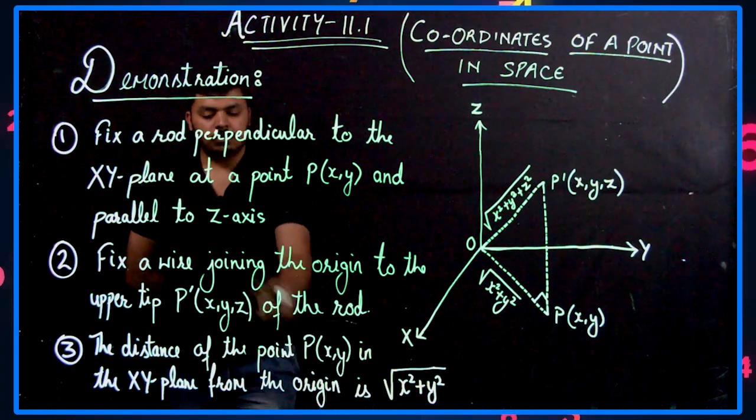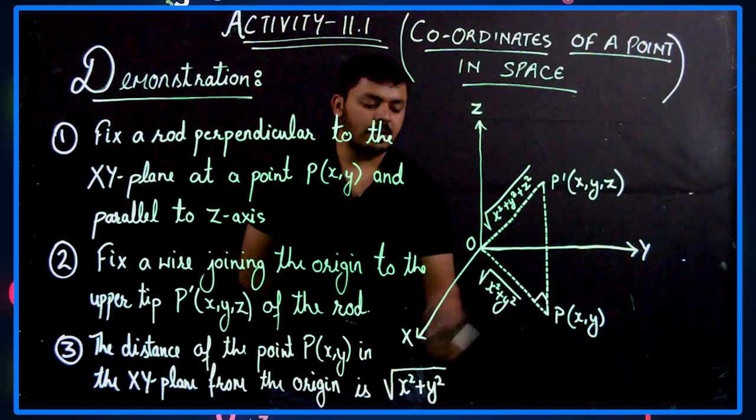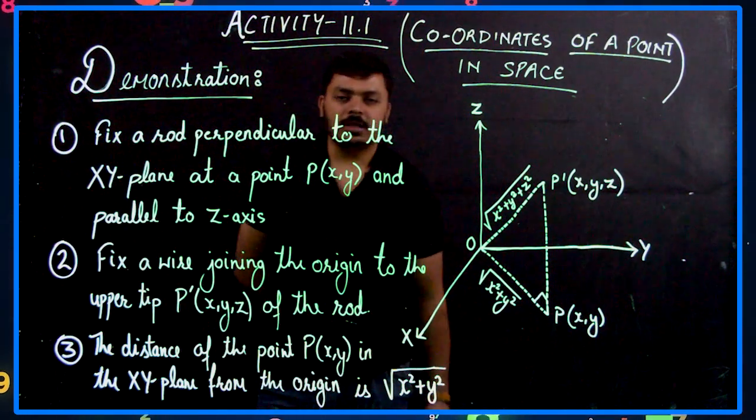So the distance of point P from the origin in the XY plane is given by under root x square plus y square.